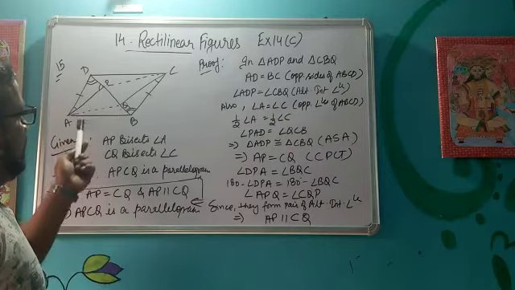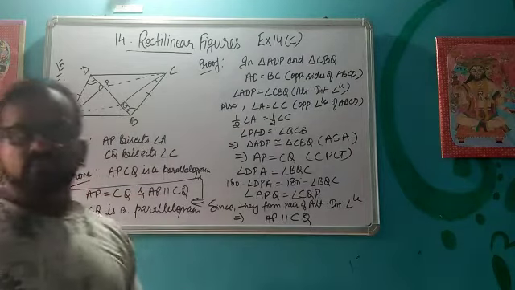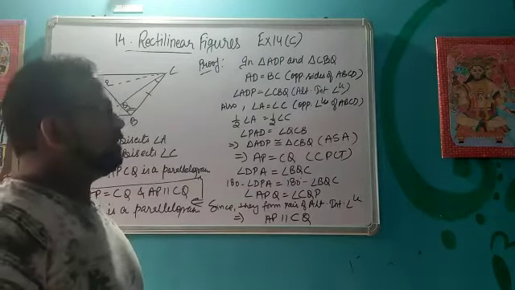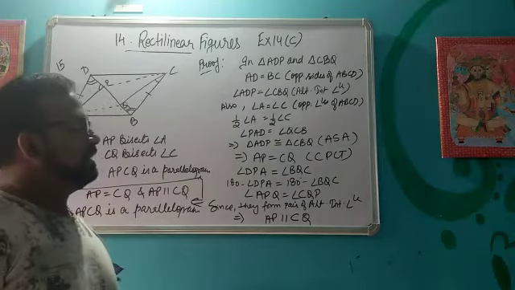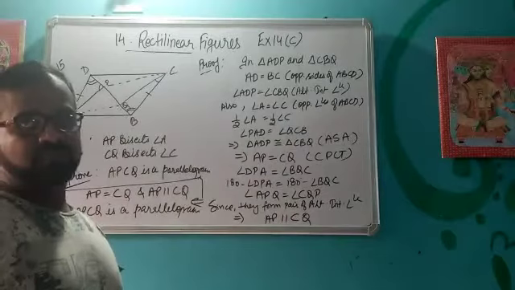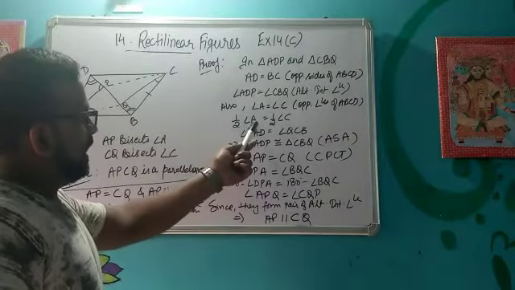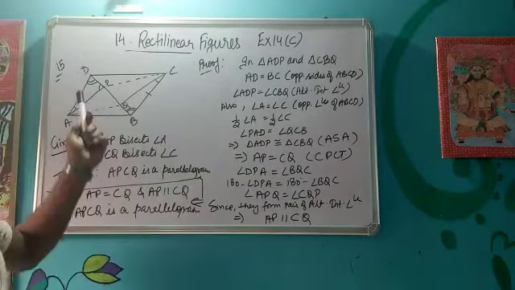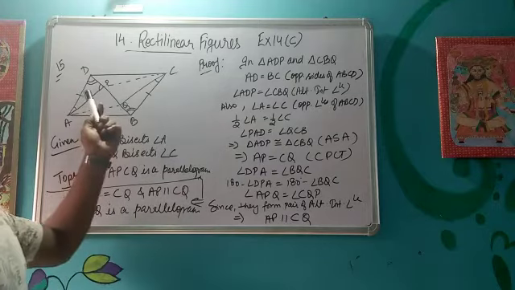Now angle A will be equal to angle C because they are the opposite angles of the parallelogram ABCD. So half of angle A also will be equal to half of angle C. For half of angle A, we will take angle DAP because it lies in our triangle.